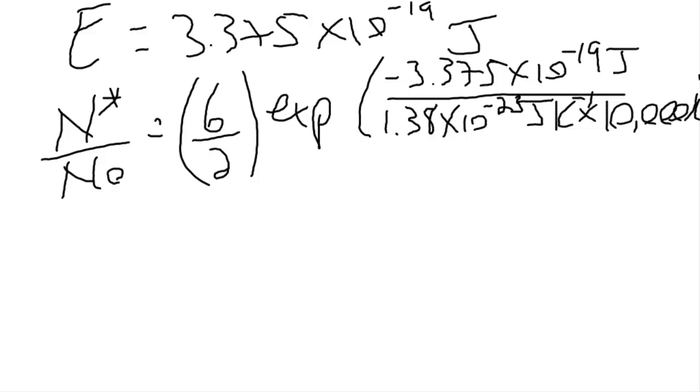Kelvin cancel out, joules cancel out, so we end up with no units there. And what I would do is calculate what's in this parenthesis first, and that gives us 2.44.